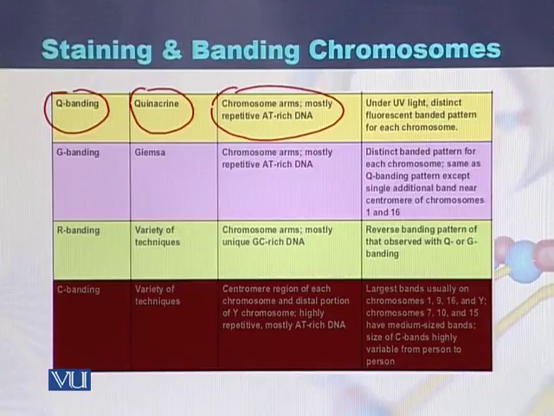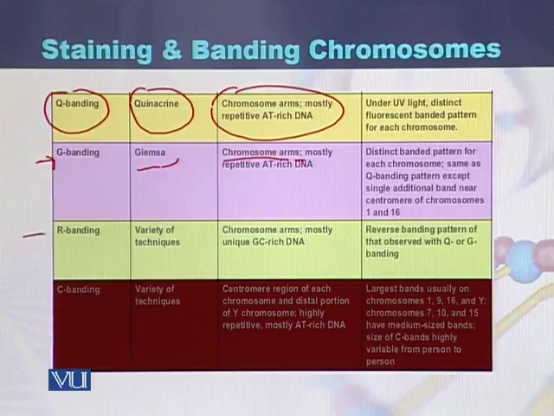In case of G banding, which is performed with the help of a dye, the name of the dye is Giemsa. In case of Giemsa staining or G banding, chromosome arms are stained.